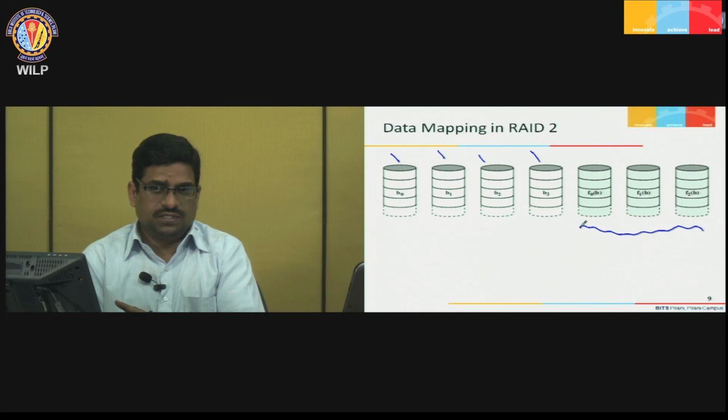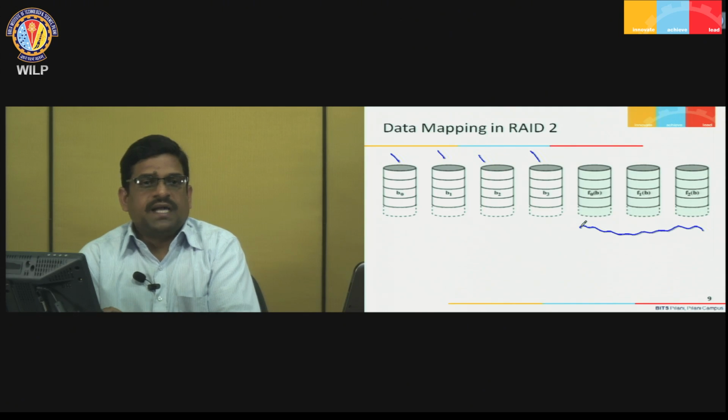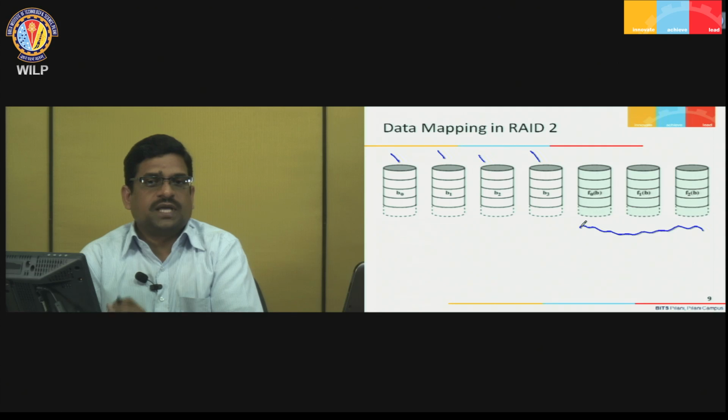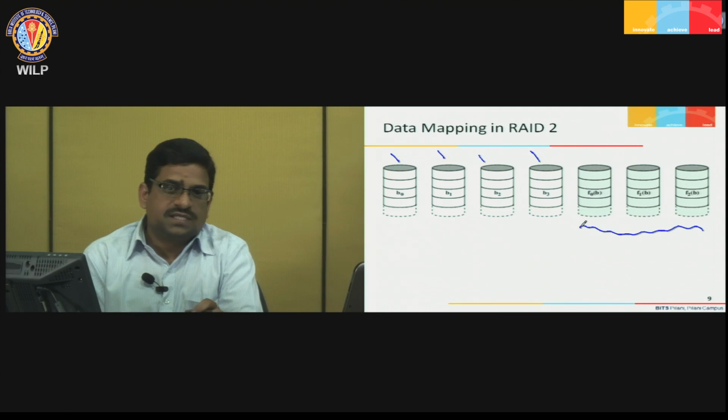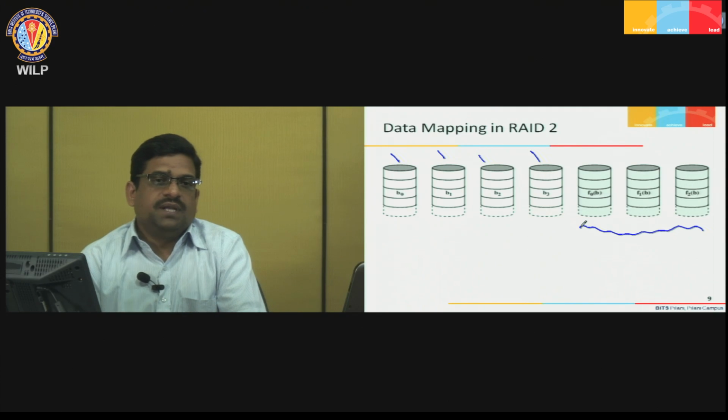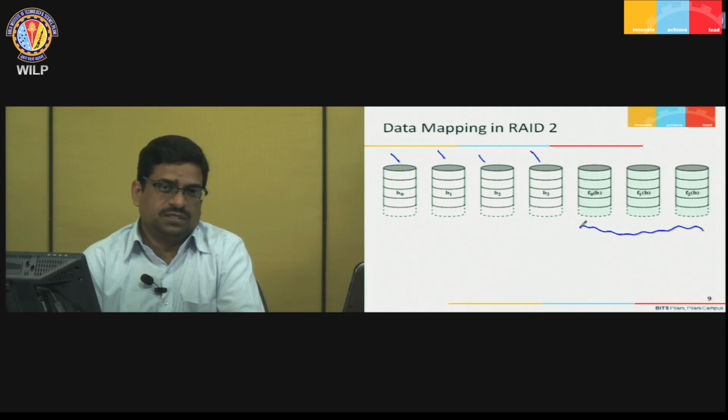In this case you can see that it is an improvement over RAID 1. Here some parity information of the data is stored, so that if some disk fails, the data can be recovered with the help of this parity information. Storing parity information is advantageous because the amount of space required to recover the data is less.